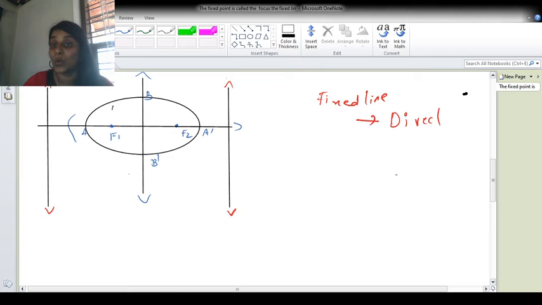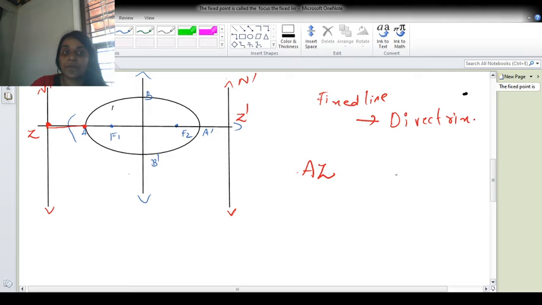So you take a point on the ellipse. Here you take Z, and N dash and Z dash. A is a point on the ellipse. AZ is the distance between the point on the ellipse and the fixed line. And you take the distance between that point and the focus.